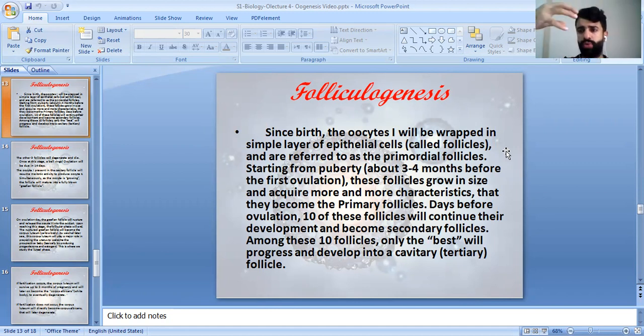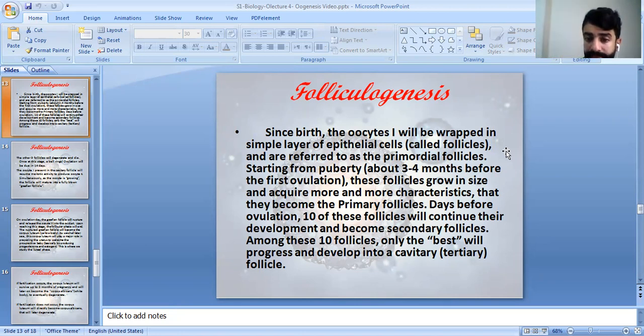First, oocyte 1, since birth, was wrapped in follicles. These follicles are called primordial follicles. About 3 to 4 months before the first ovulation, the primordial will develop into the primary follicles that have special characteristics. Days before ovulation, 10 of these follicles will continue their development, only 10.